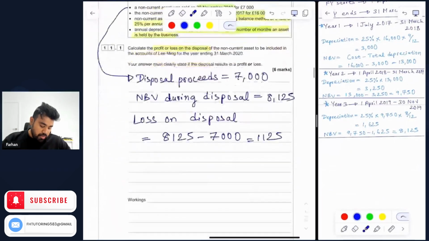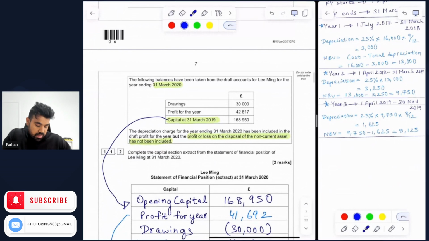Now the second part of the question says that the following balances have been taken from the draft accounts for Lee Ming for the year ending 31 March 2020. The draft accounts here simply refer to unpublished or not formal accounts. So we are given the balances for drawings, the profit for the year, and we're also given the capital at 31 March 2019.